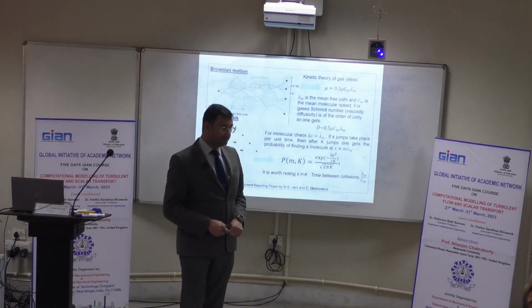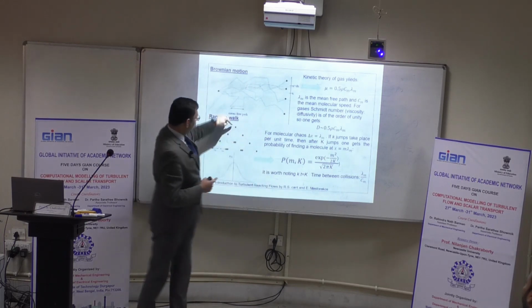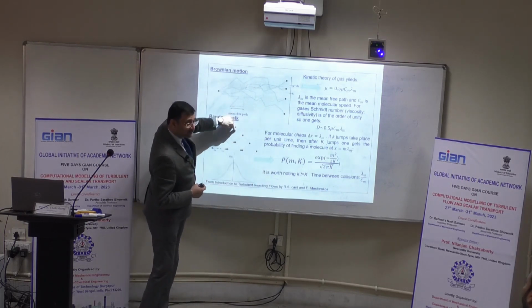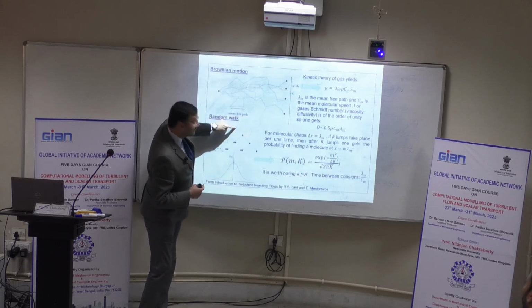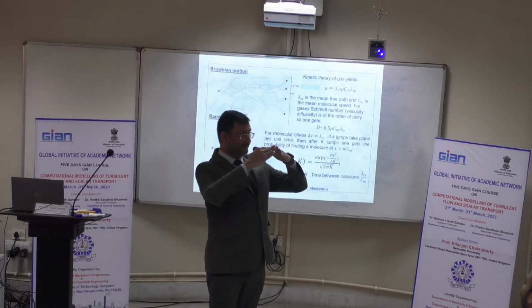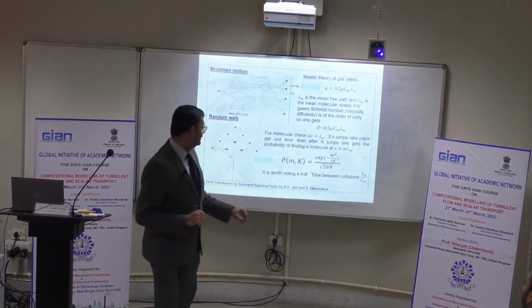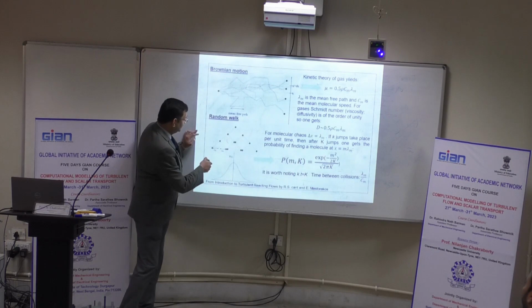If it can be hit by another molecule, it can go either this way or that way. If these are the constraints, two angles, just as a thought experiment, if that happens, this can go either this way or that way.